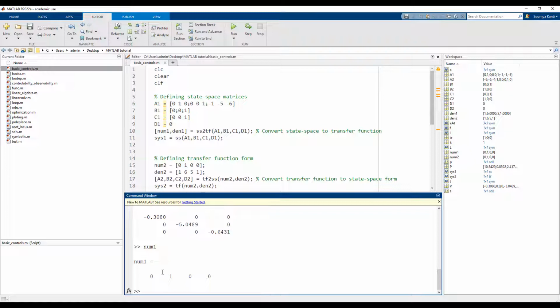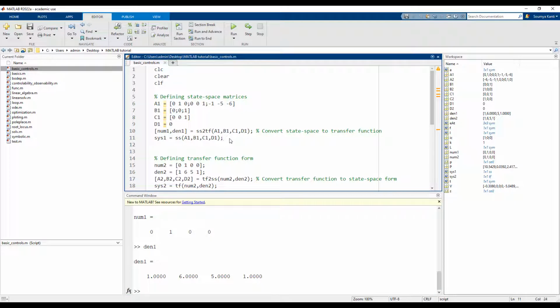And if I look at den1, it is s cube plus 6s square plus 5s plus 1. These are the numerator and denominator coefficients of the transfer function polynomials.